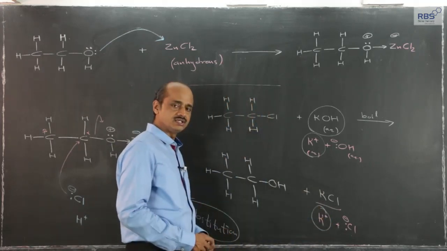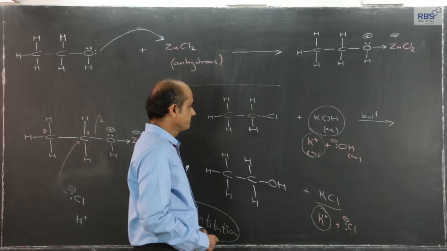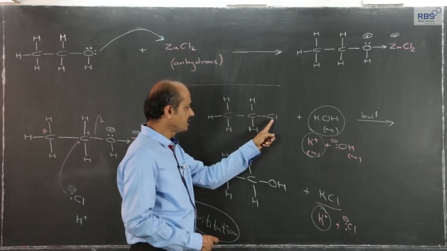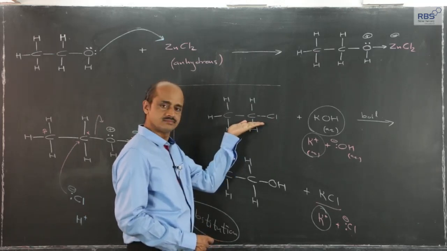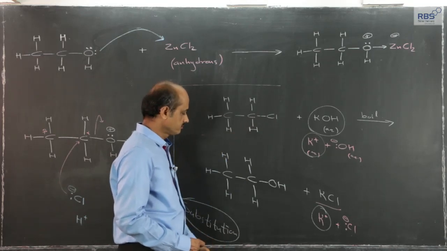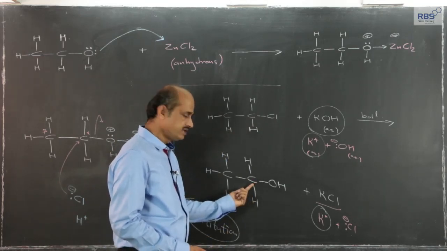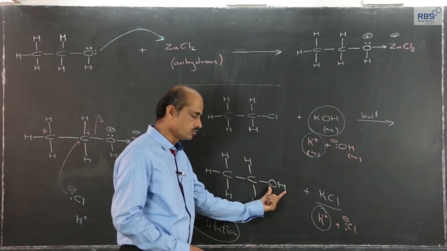So, what has changed in this reaction? Carbon which was covalently bonded to chlorine, in the product is covalently bonded to the OH group.